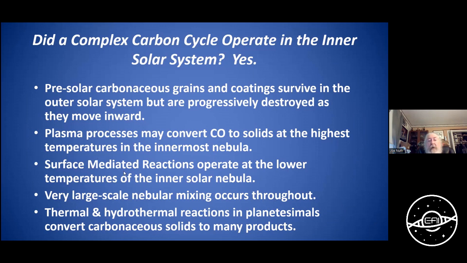The surface mediated reactions operate at lower temperatures in the inner solar nebula to convert that carbon monoxide back into different types of carbonaceous material.